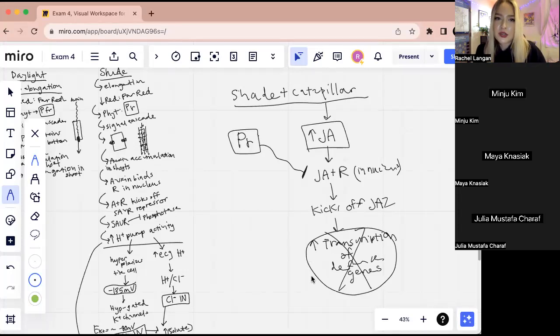So it seems like there's a trade-off in the plant: do we want to put resources towards elongating, or towards defending ourselves? And in the shade, it seems like they choose elongation and to not defend itself. So that's what you need to know about shade avoidance.